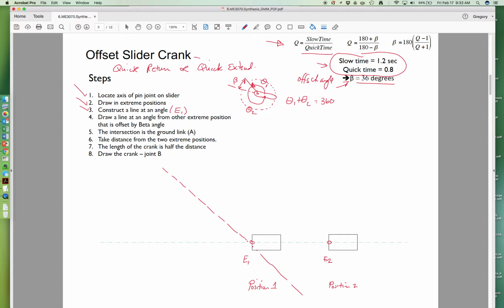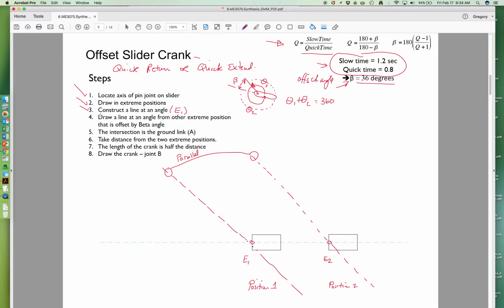Okay, I'm going to draw a second construction line. The second construction line in this case, these two lines are parallel, and that's through E2.